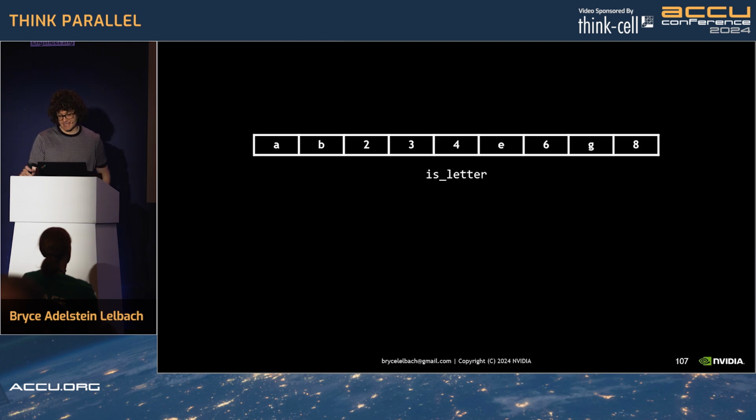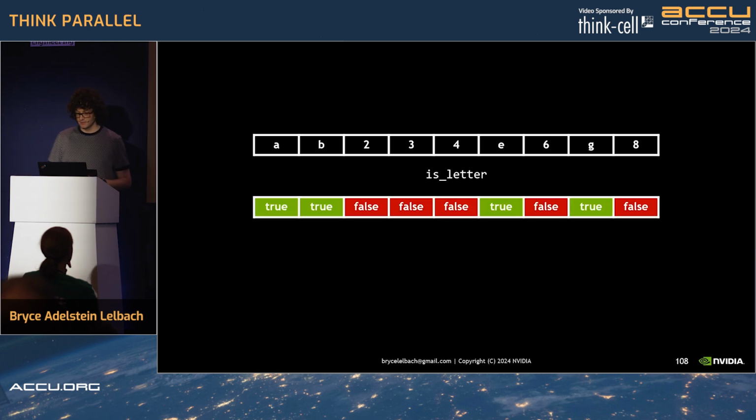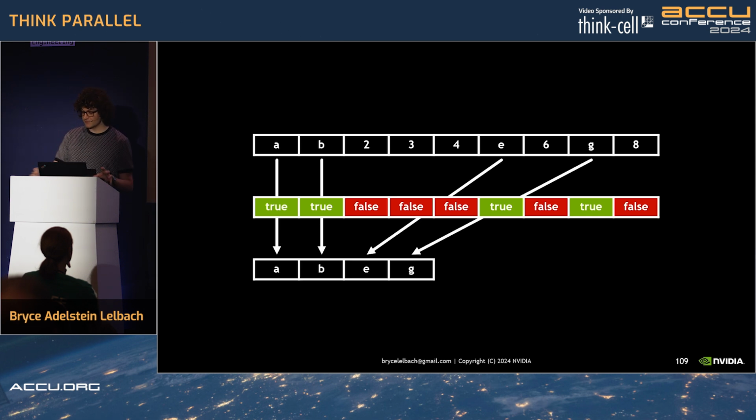copyIf takes an input range and a unary filter operation. As an example, here we've got a range of characters and a function that returns true for the characters that are letters. It produces a range that contains only the elements of the input for which the filter operation returns true. copyIf cannot be evaluated for each element in isolation, because to determine the correct place in the output to write an element, we must know how many elements before it will pass the filter.